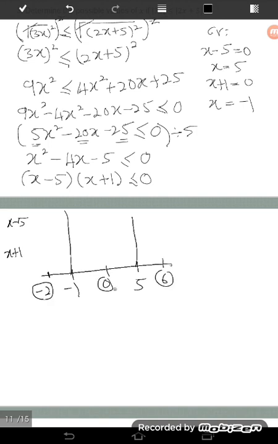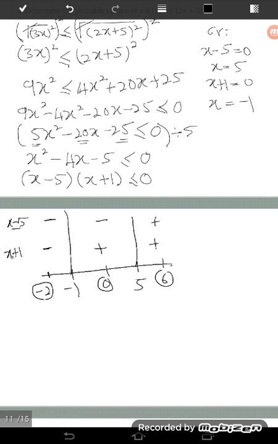Substitute each of these into x minus 5 and x plus 1 to obtain the symbol. Negative 2 minus 5, negative. Negative 2 plus 1, negative 1, negative. 0 minus 5, negative 5, so negative. 0 plus 1 is positive 1, so positive. 6 minus 5, positive. 6 plus 1, 7, which is positive.